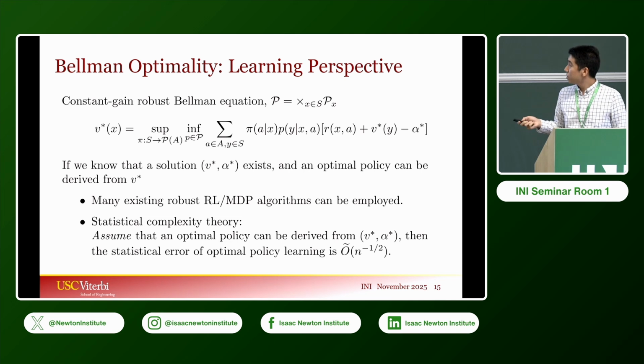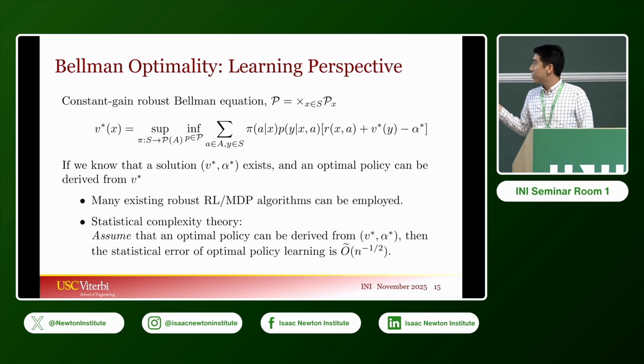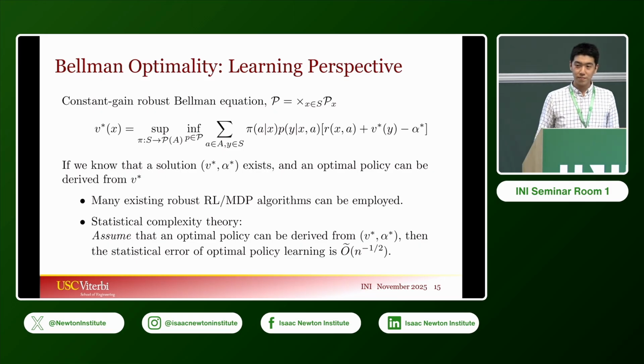In particular, in the robust MDP setting, there are already results of the form that if we assume that the optimal average reward is characterized by this equation, then we are able to learn with an error guarantee. So it is left to show that this indeed characterizes the optimal policy.